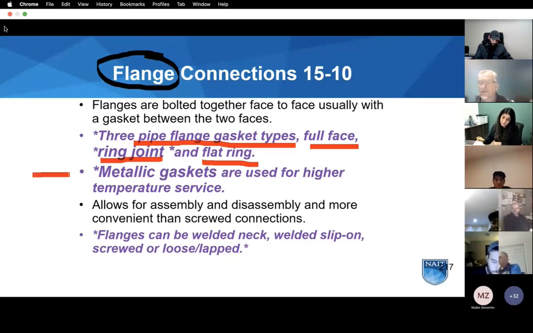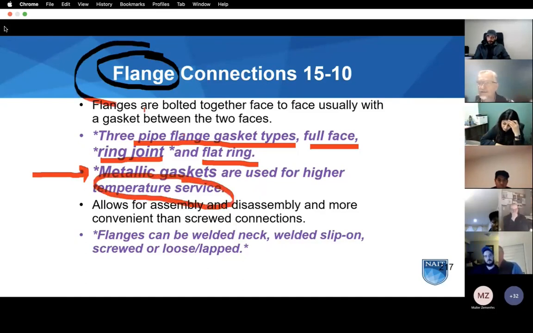So for those specific kinds of devices, we're going to use metallic gaskets, and we'll look at what they look like. Favorite brand name, Flexitalic. Some of you are familiar with that. And that's for high temperature service.